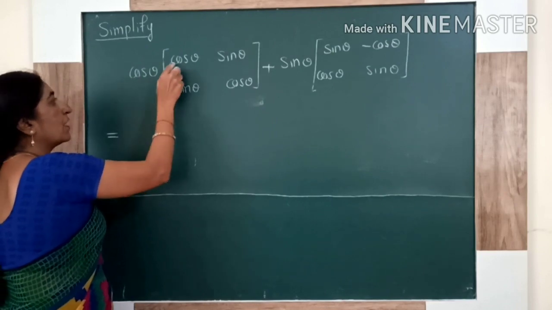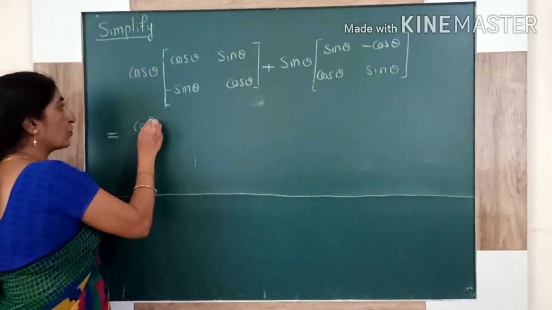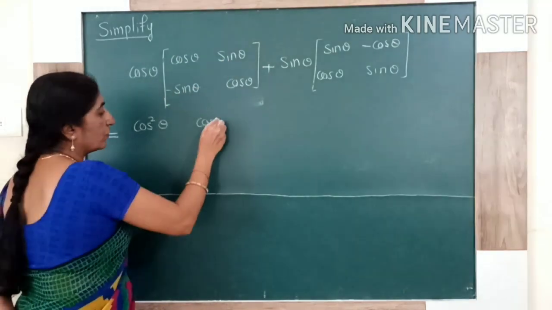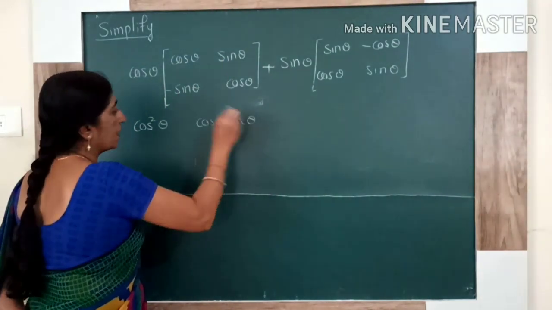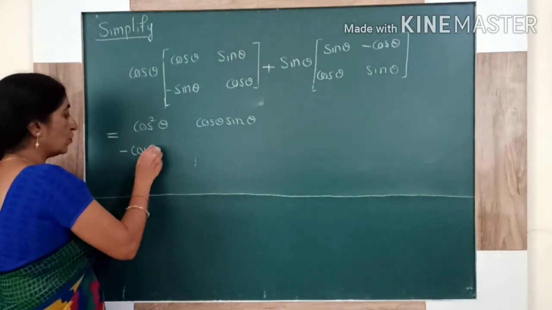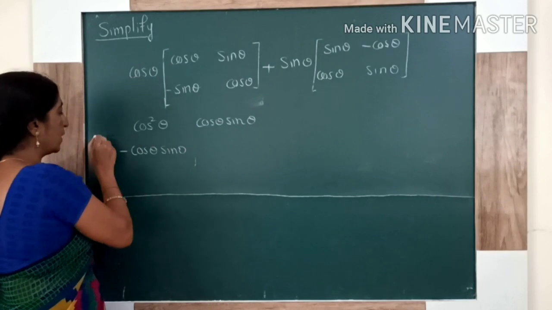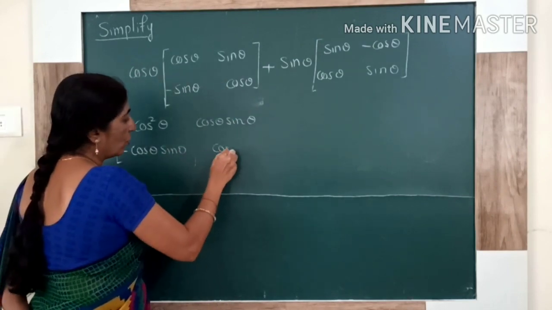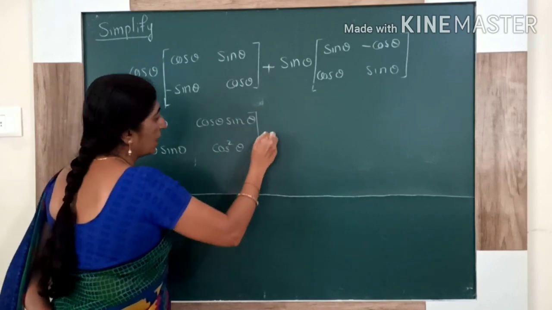So cos theta into cos theta is cos square theta. Here it is written as cos theta into sin theta. Next one is written as minus cos theta into sin theta because of that minus sign. Then what is cos theta into cos theta? Cos square theta.